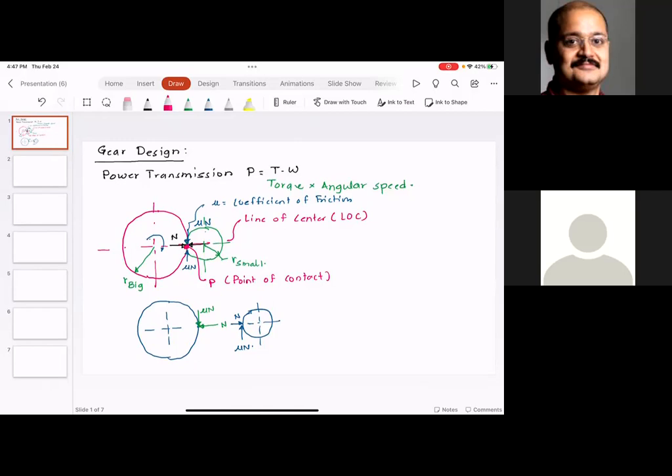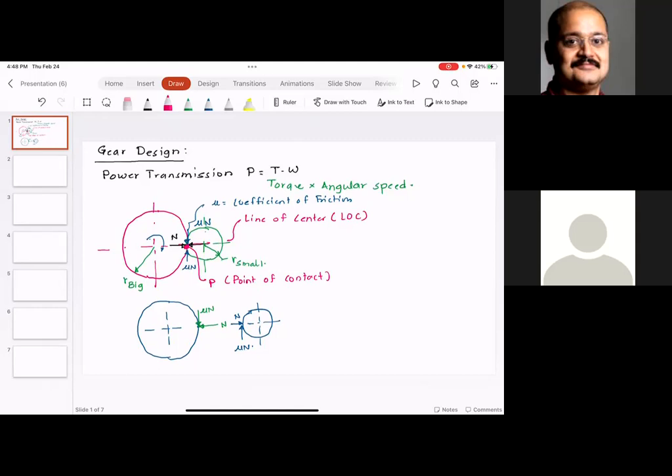Do you agree with me that when the big wheel is rotating the small wheel, then P is going to be on the line of centers? In other words, that point P is shared by the big wheel and the small wheel at the same time. So that point P can be considered to be on the big wheel as well as on the small wheel. Do you agree with me?